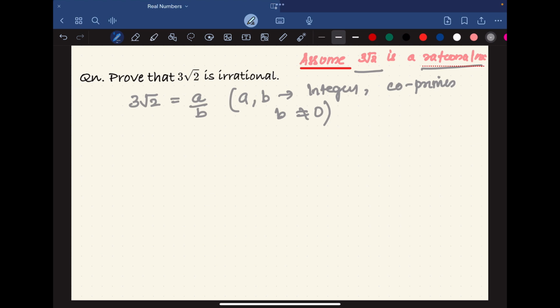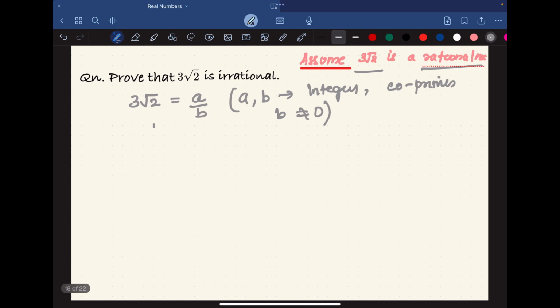What does co-prime mean? Co-prime means there is only one common factor. So what will be the HCF of two co-prime numbers? 1. Clear?